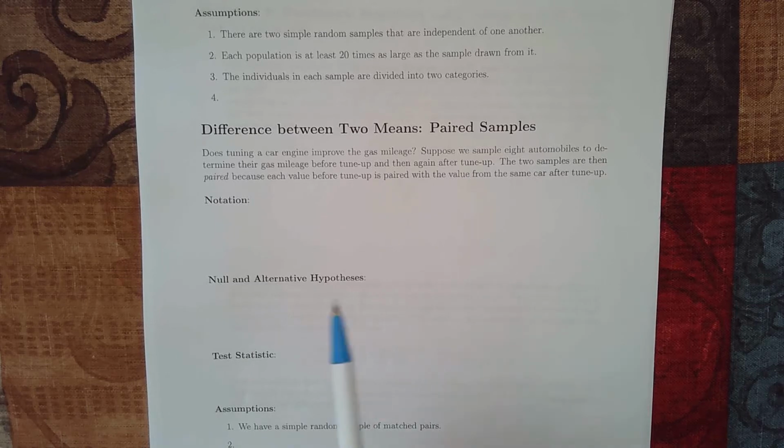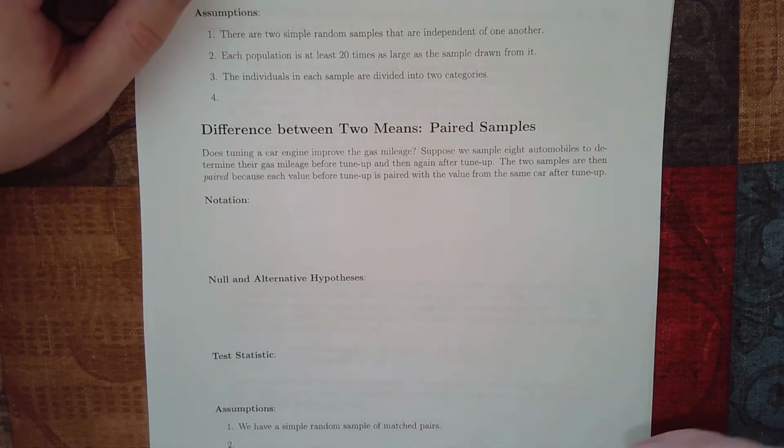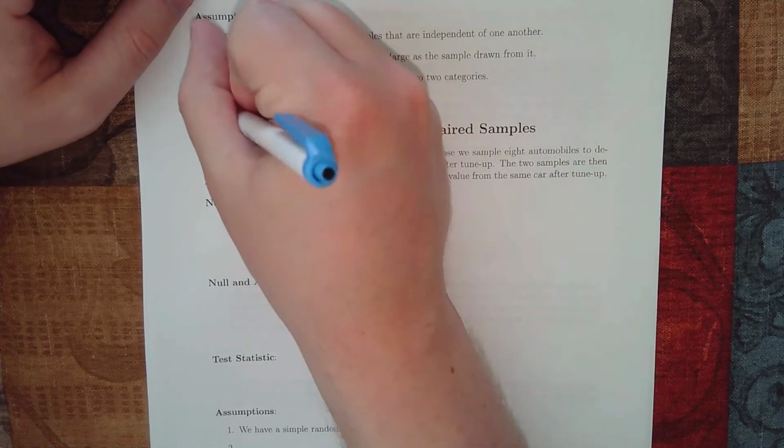The individuals in each sample are divided into two categories, and both samples contain at least 10 individuals in each category.